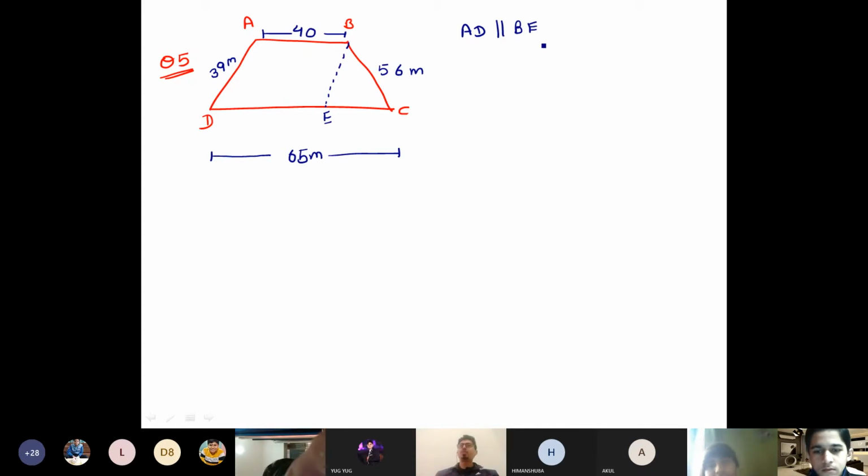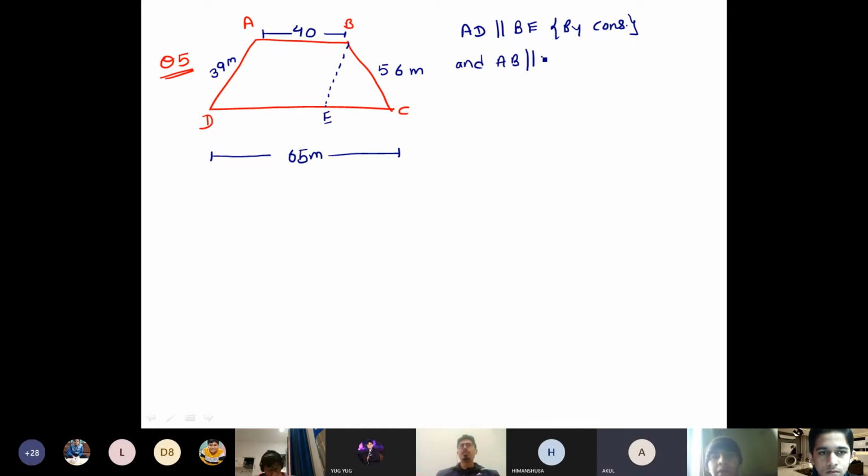So AD is parallel to BE by construction. By construction, I have done this. Now, students, AD is parallel to BE and AB is parallel to DE. It is given in the question that AB and DC are the two parallel lines. This is given to us.